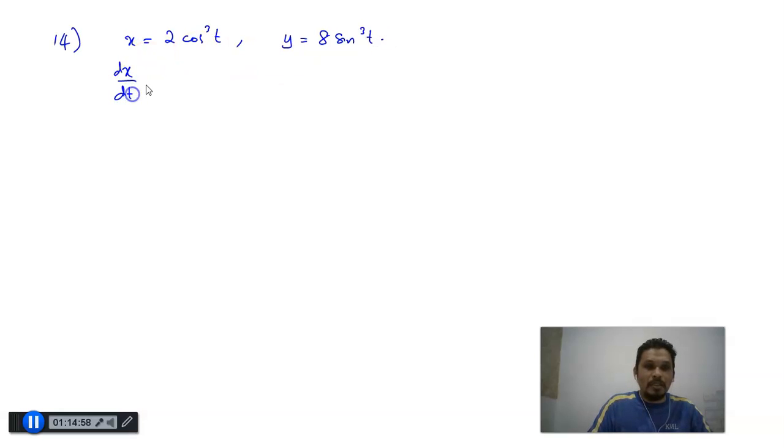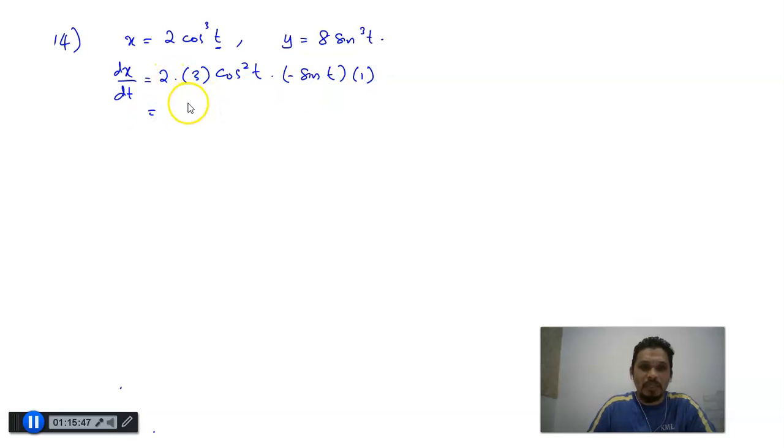So dx/dt equals 2 and differentiate cos cubed, which gives 3 cos squared t, and differentiating the cos gives negative sine t, and differentiating t gives 1.